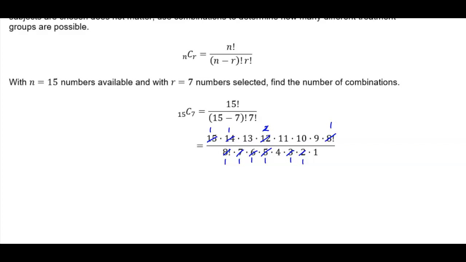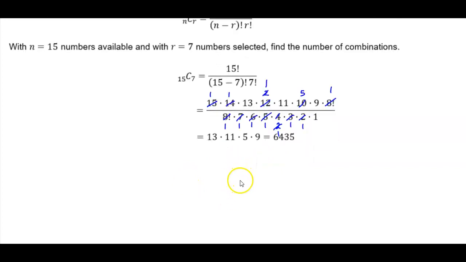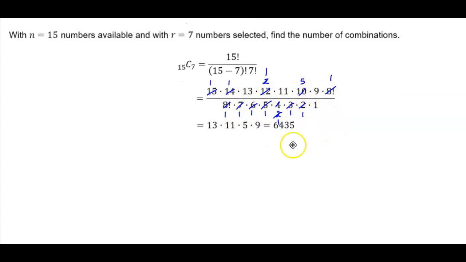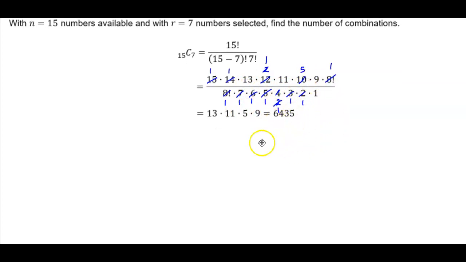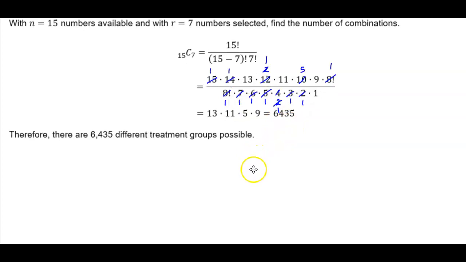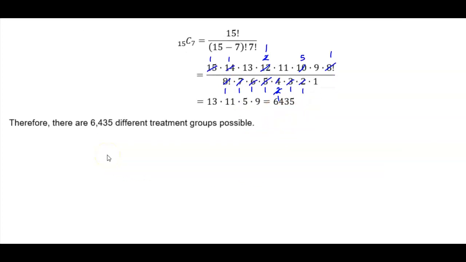We know that 2 goes into 4 2 times. And we know that 2 goes into 10 5 times. So therefore, we're going to have the following. We have 13 times 11 times 5 times 9, and that gives us 6,435. So there are 6,435 different treatment groups possible.